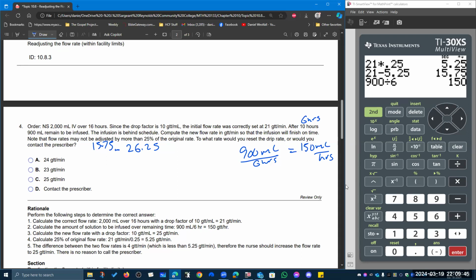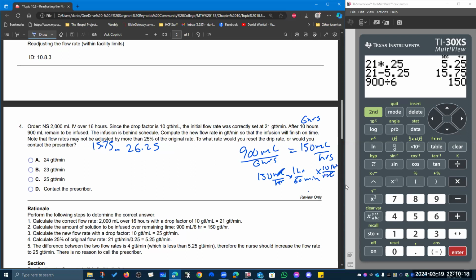So 150 milliliters per hour times 1 hour is 60 minutes times 10 drops per milliliter.